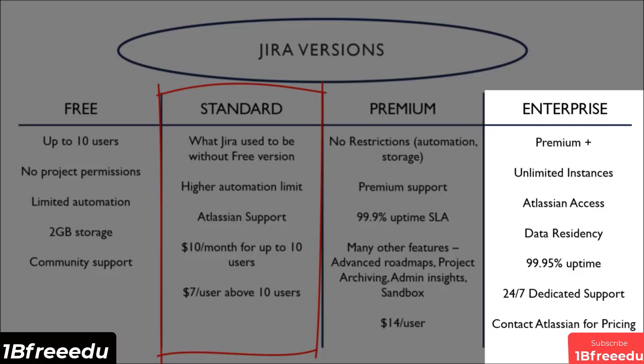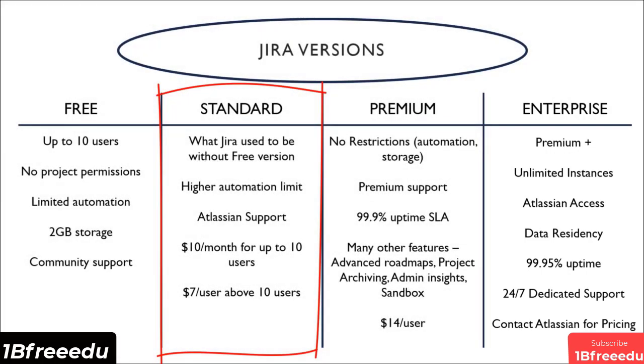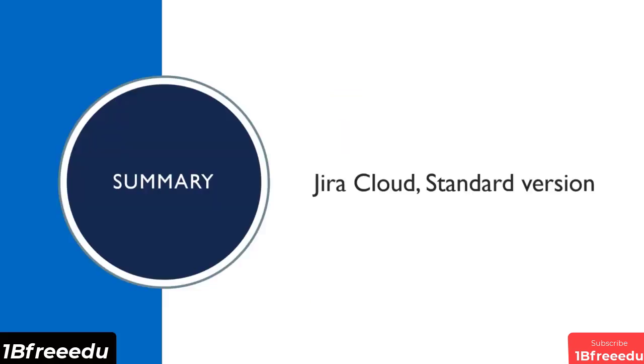This plan is the newest of them all and actually requires you to contact Atlassian's sales team for pricing, at least as of this recording. But clearly, based on the features, Enterprise is really meant for those really big, large-scale enterprise companies. So I invite you to check out the links I've provided in the resources for more information on all these different cloud versions. So to confirm, we will be using Jira Standard on cloud.